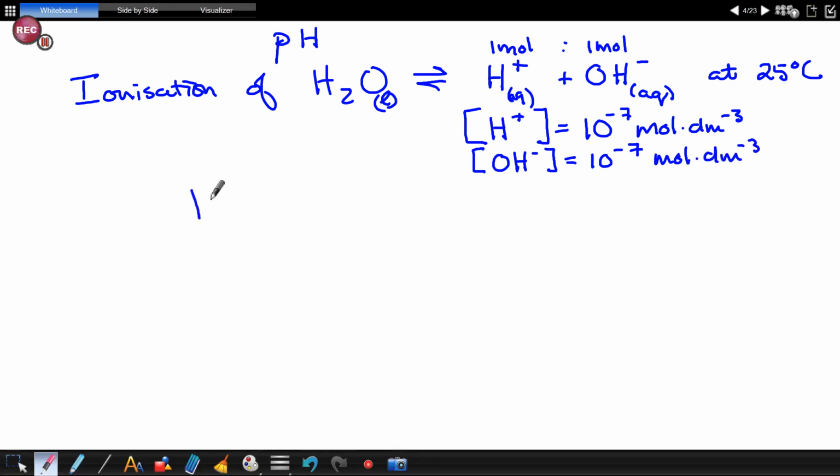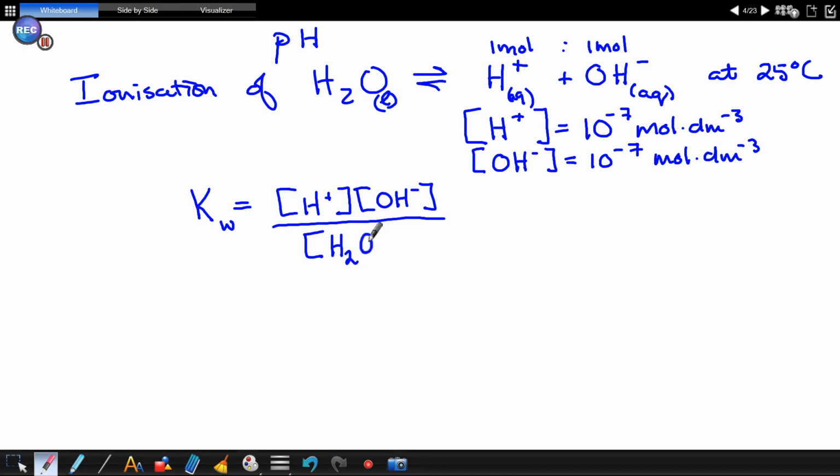So what is, I want to write Kc, but I know I must write Kw now. What is the expression for Kw? Concentration of H+ times OH-. Must I divide by the concentration of water? No. Why not? Because it's a liquid, so we don't do that.